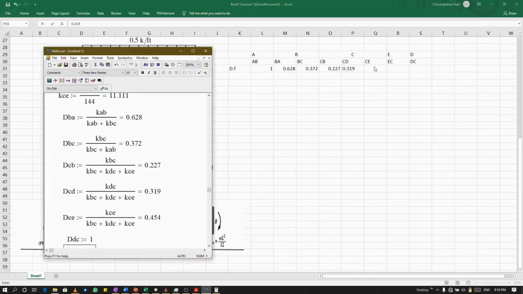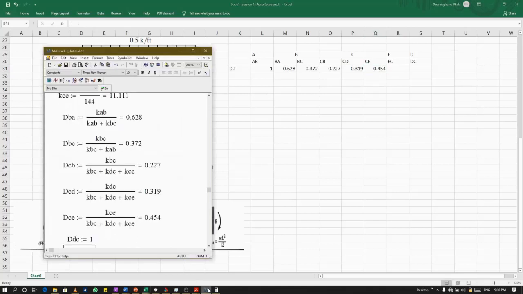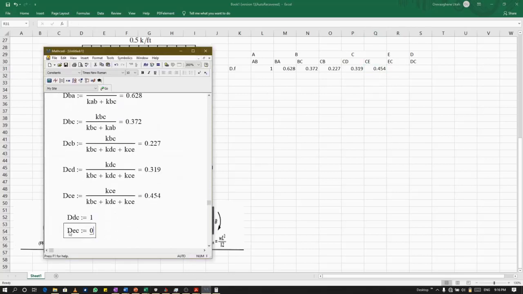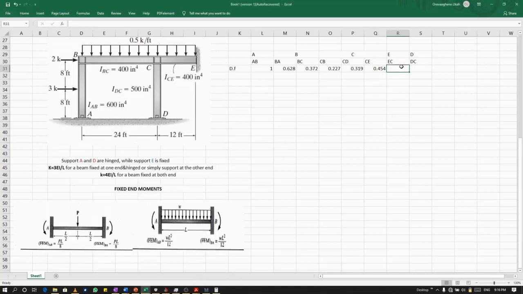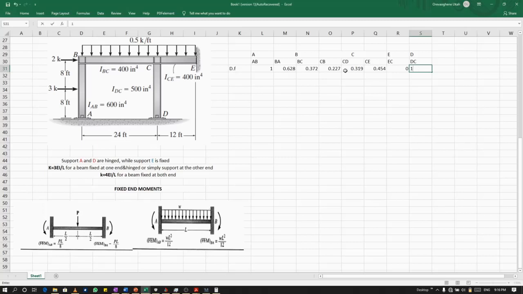CE is 0.454. Then EC is 0. Then DC is 1. All right, so these are our distribution factors.